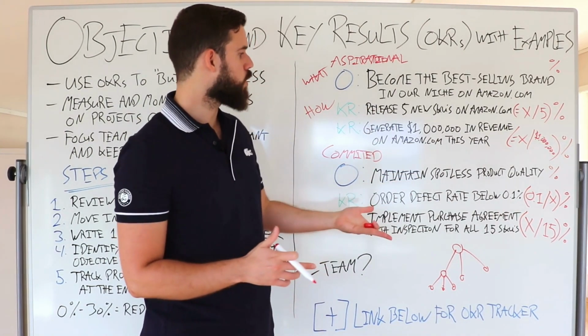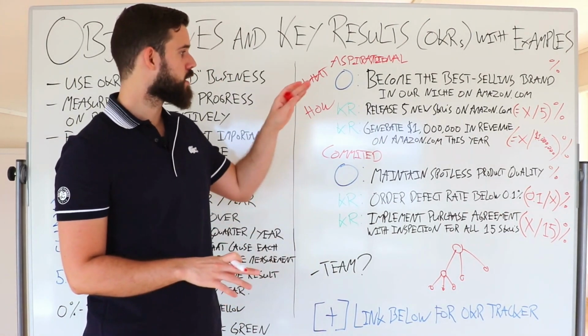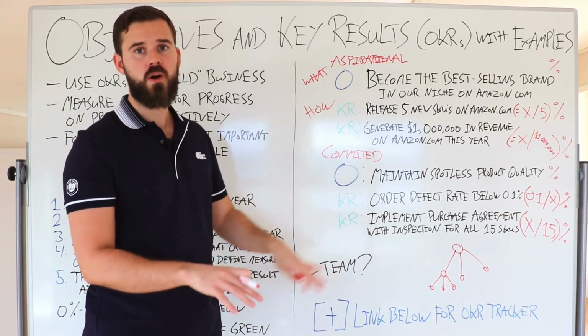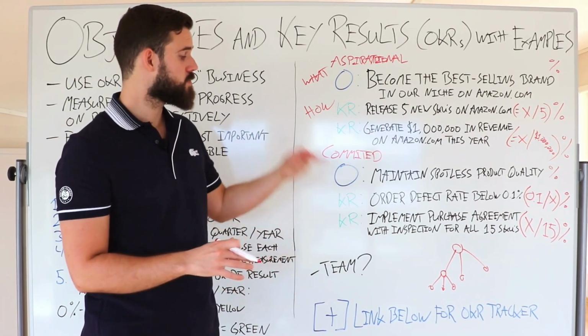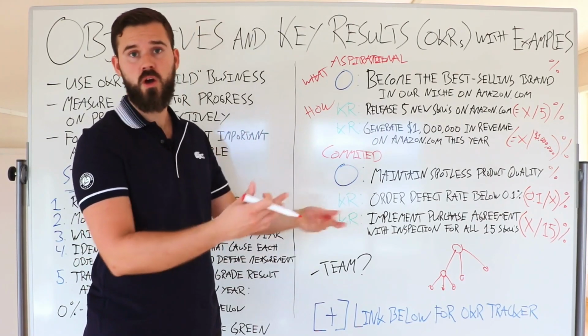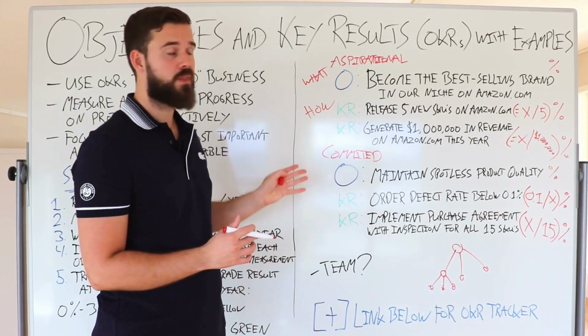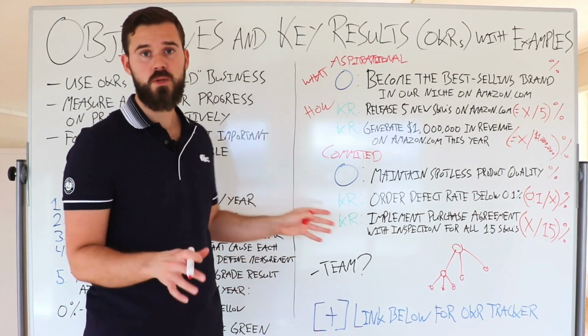So that's really how it works. That's how you can cascade OKRs across the organization into the different departments and teams, and then even each person on the team can create their own OKRs based on what they need to accomplish to drive the OKRs for their team, and then ultimately the OKRs for the entire business.